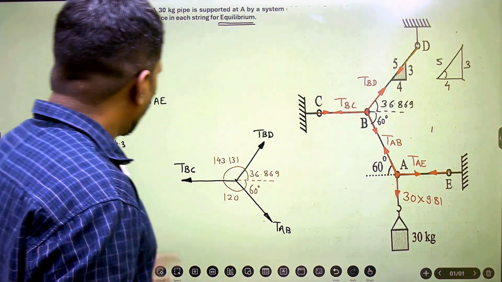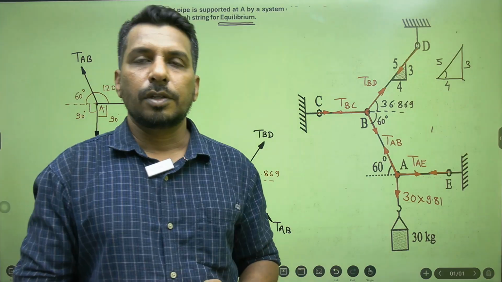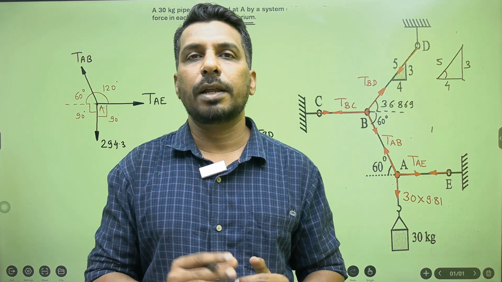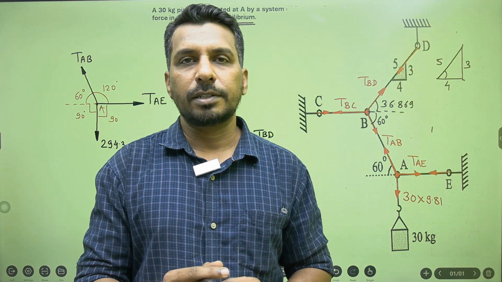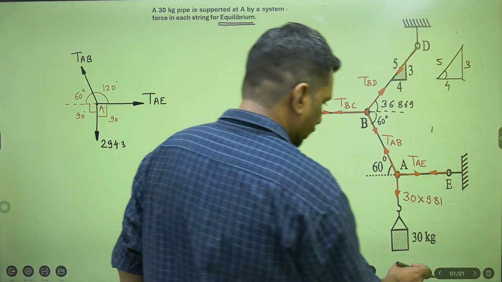Okay. So now we have a FBD considering point A as well as considering point B. So these are the FBDs considering point A and B. Now we will see how to apply Lami's theorem. But before that, I'll explain you the Lami's theorem in a very short. See here.